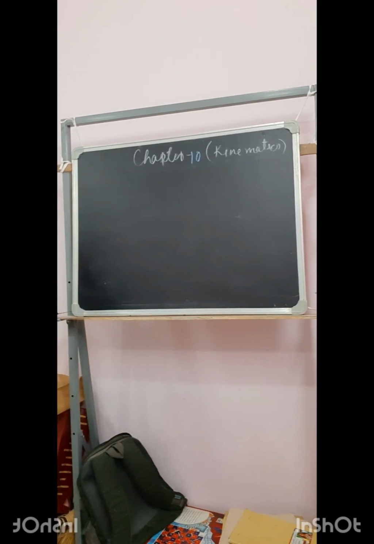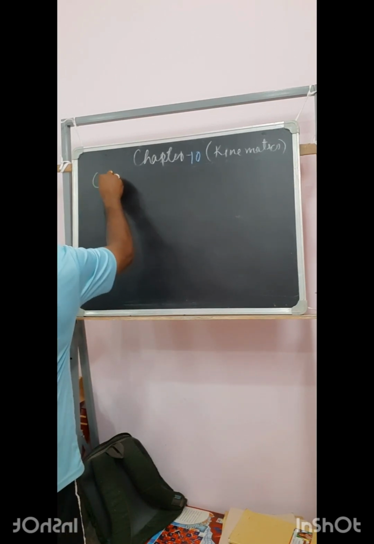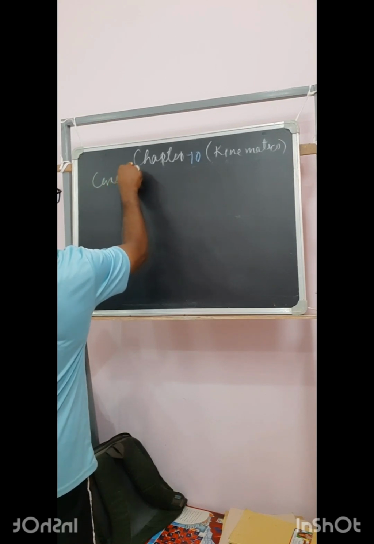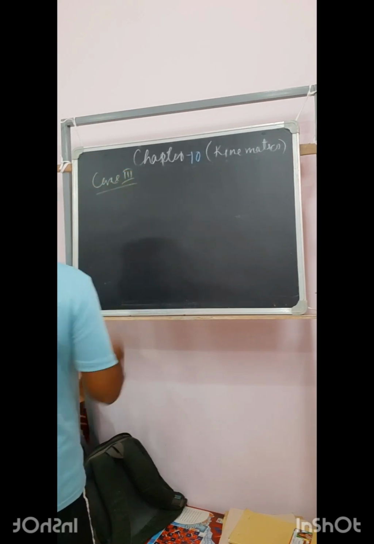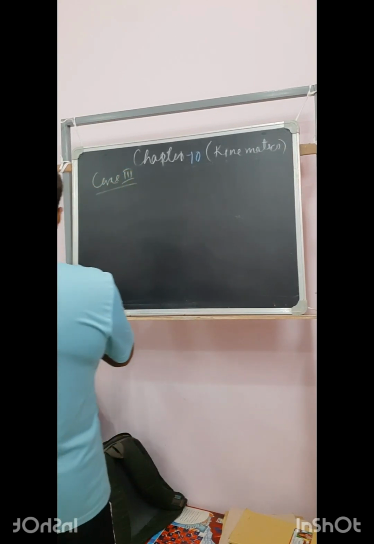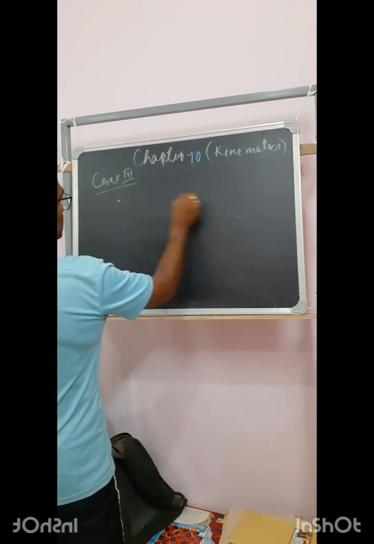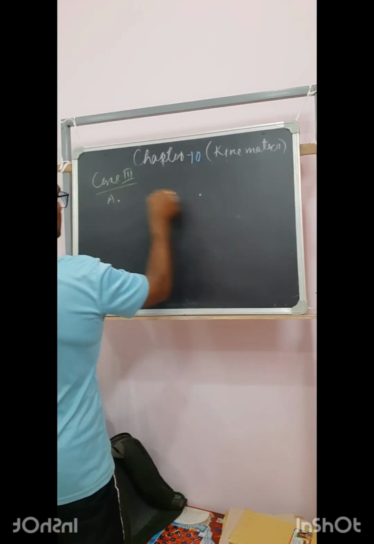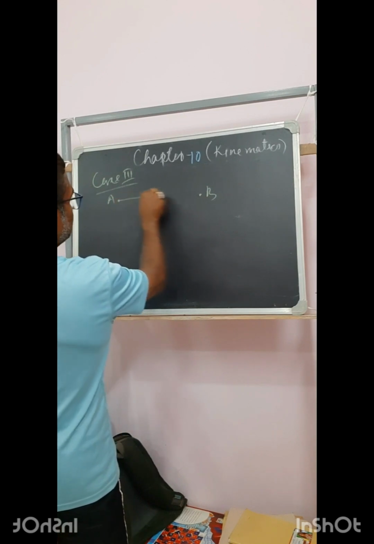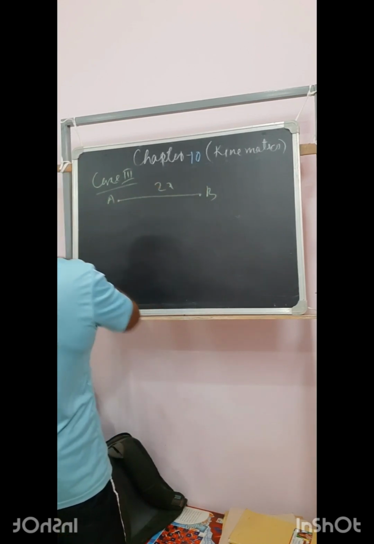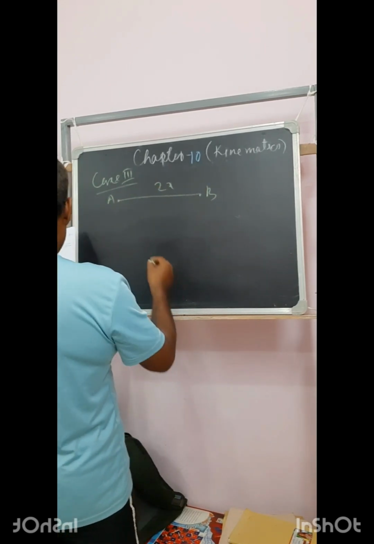So in this case, let's say case 3. In case 3 the distance is the same, the points are the same, A to B, distance let's say 2x.